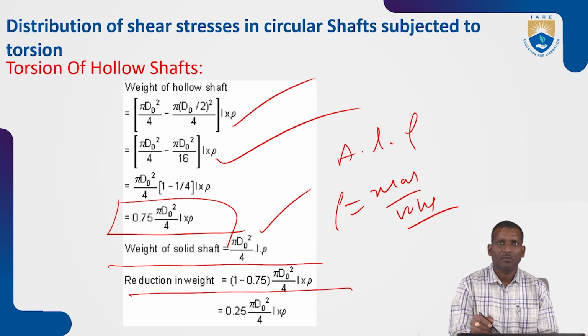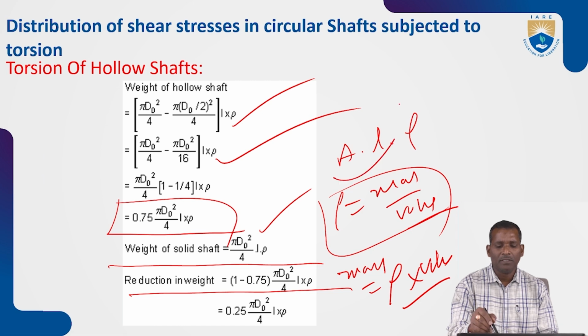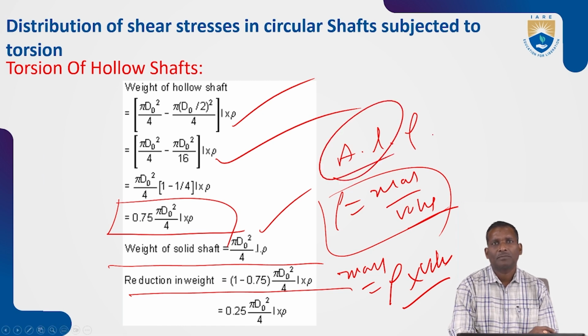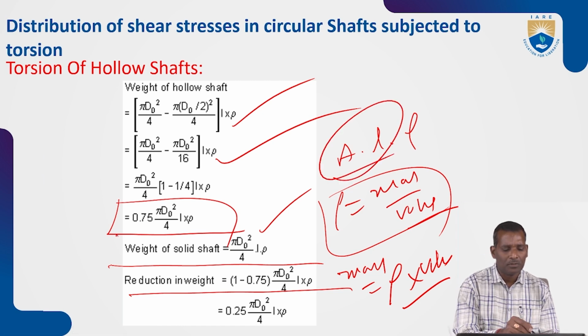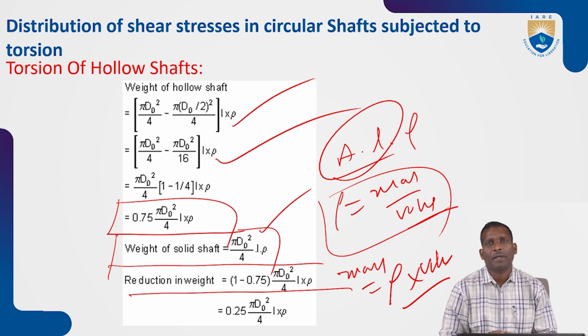So volume is A into L. So that mass is equal to volume multiplied with density. So the volume is A into L. So the weight of the solid shaft is pi d naught square by 4 into L into rho.